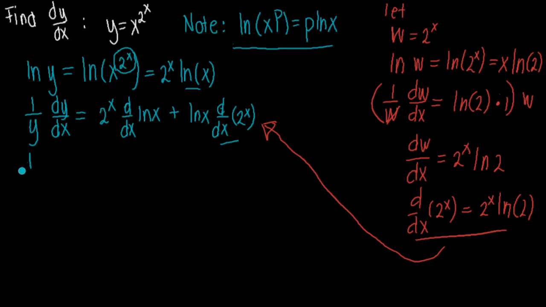We have 1 over y times dy over dx is equal to 2 to the x times the derivative of ln of x with respect to x, which is just 1 over x, plus ln of x times the derivative of 2 to the x with respect to x, which is here.